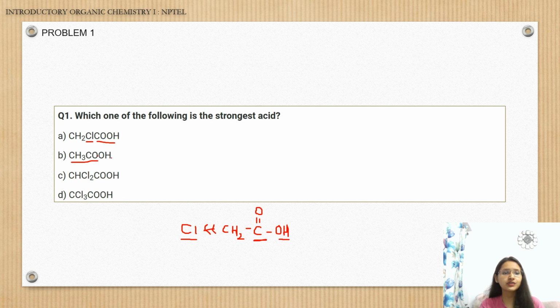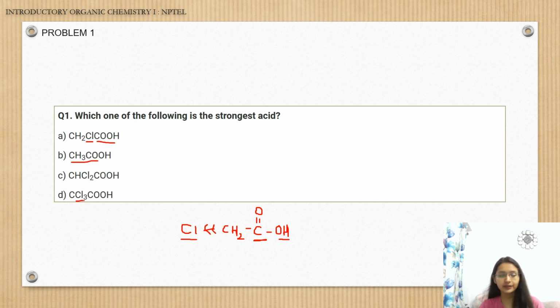In the other three, because of the presence of the electronegative chlorine atoms, the electropositivity of the carbonyl carbon increases. So the number of chlorine atoms decides the electropositivity of the carbonyl carbon. If the electropositivity is high, the OH bond is more polar and gives H plus very readily, so it behaves as a stronger acid.